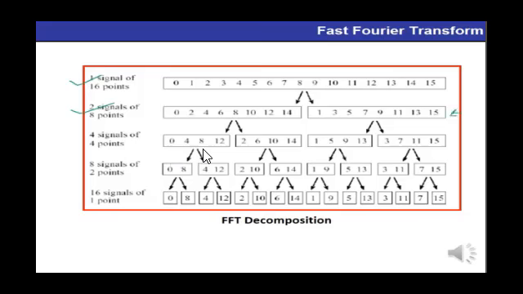The first is of multiples of 4, second we have another group, third group, fourth group. Then finally we have eight signals of 2 points, and finally 16 signals of 1 point. This is called FFT decomposition. This is how we can solve it in the form of numericals.